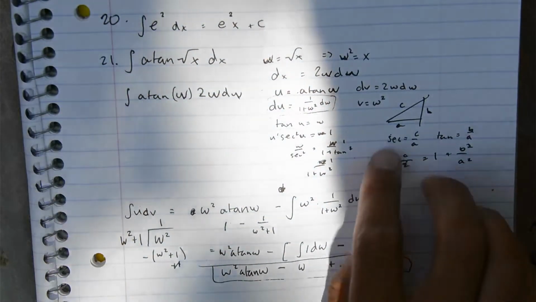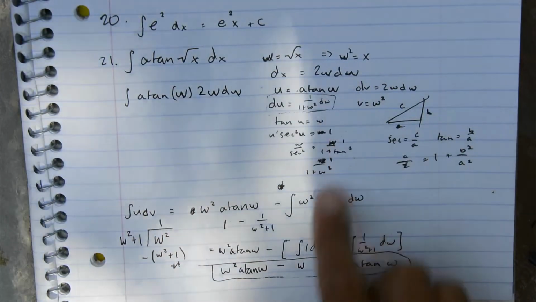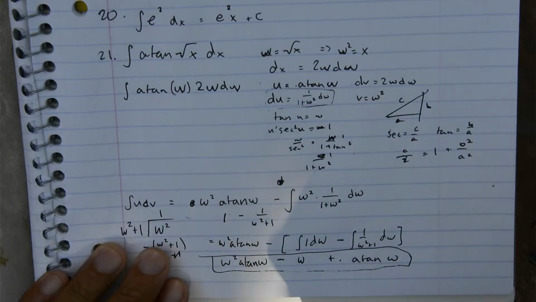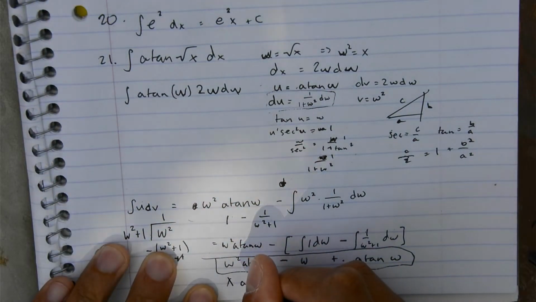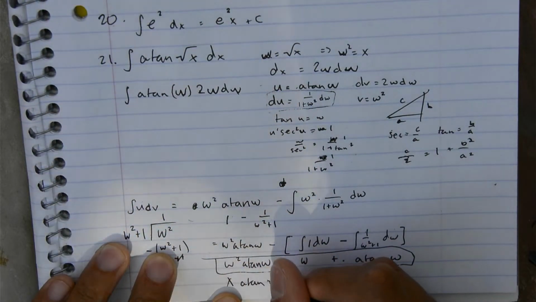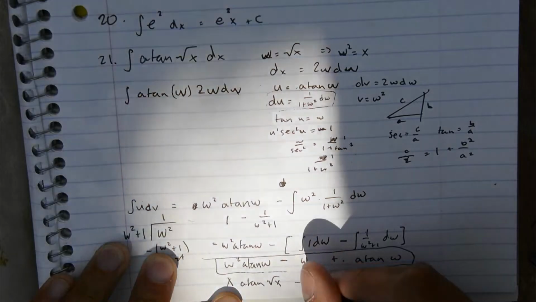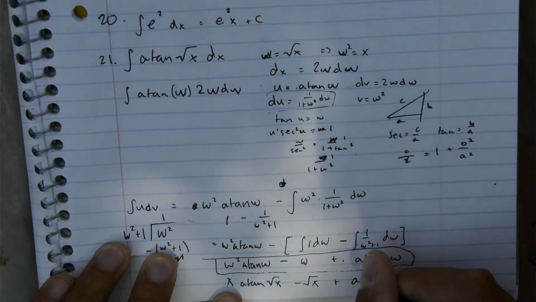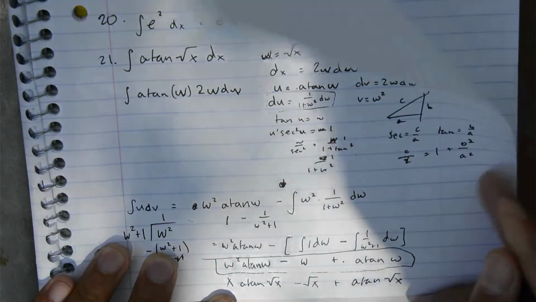So what was w again? w is square root x. So this is going to be x arctan square root x minus square root x plus arctan square root x.